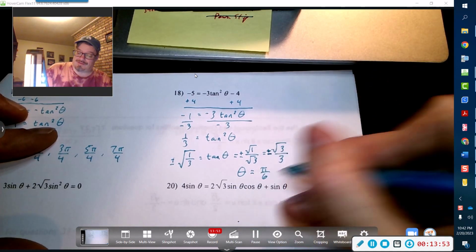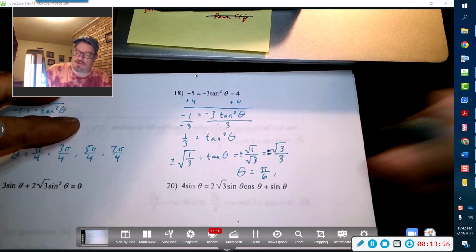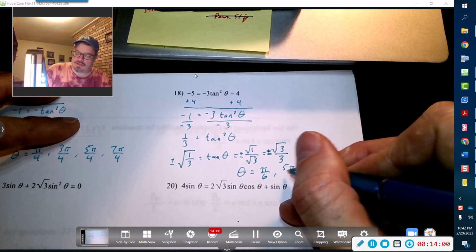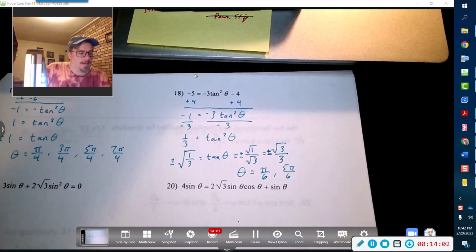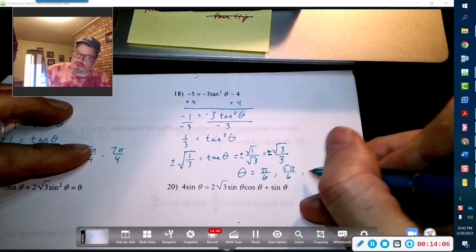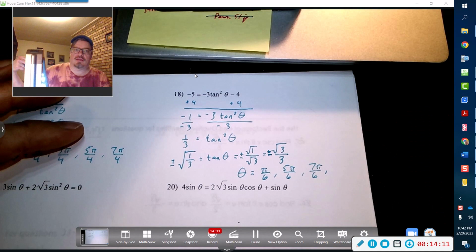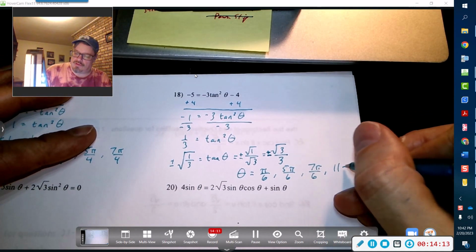So pi over 6. And then we've got to go to the other quadrant, so that's going to be 5 pi over 6. Then we go to the next one, that's 6 pi, so we go in one more, 7 pi over 6, and then we're going to go one less shy of 12 pi over 6. So there's our 11 pi over 6.